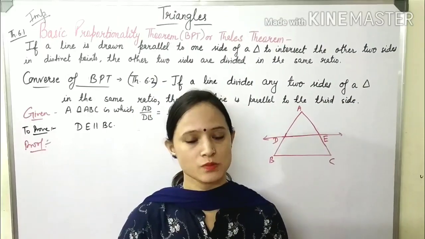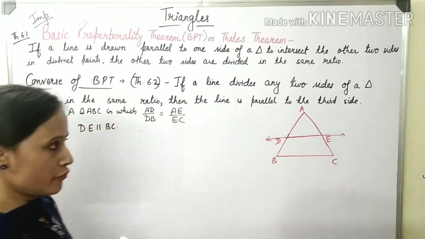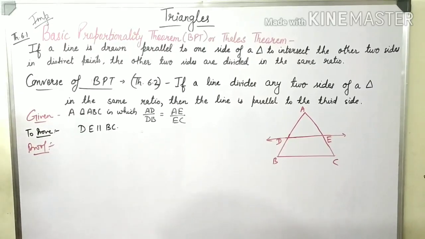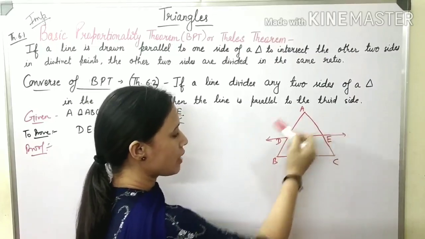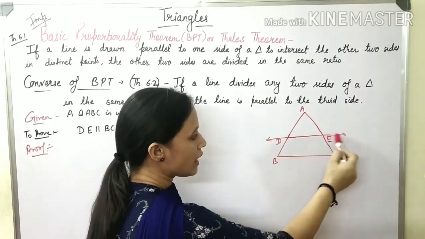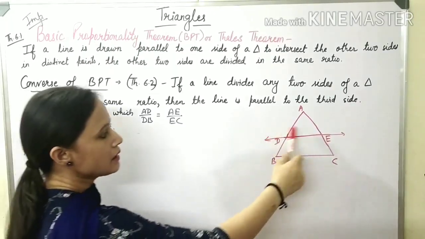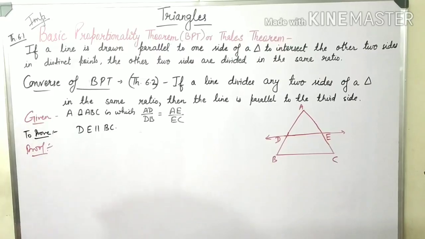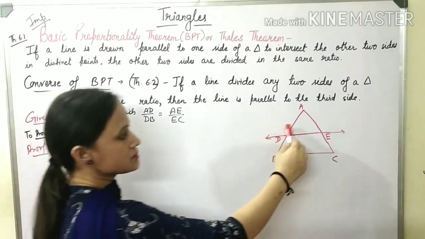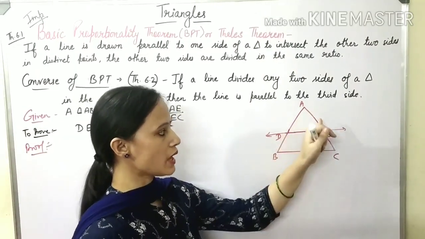We have theorem 6.2, which is actually the converse of BPT. So let us read out what BPT is. If a line is drawn parallel to one side of a triangle, let us take that ABC is the triangle and DE is a line we have drawn parallel to one side of the triangle, then this line intersects the two sides of the triangle such that the sides are divided in the same ratio, that is AD upon DB is equal to AE upon EC.